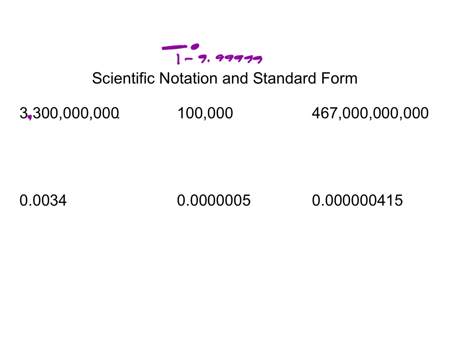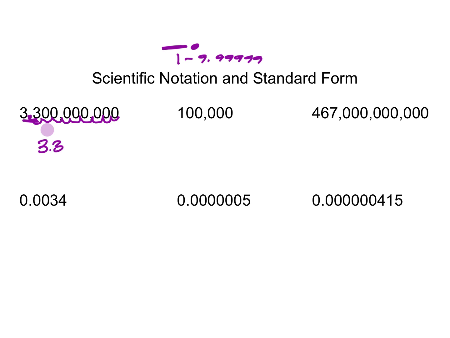So I'm moving it to here, right? Because that's the first place I can get to that has only one digit in front. So I'm going to count from the back. 1, 2, 3, 4, 5, 6, 7, 8, 9. So I'm going to write these digits, 3.3.